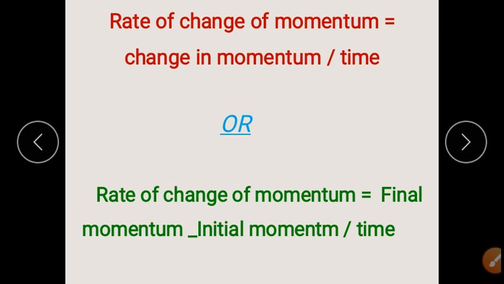Therefore, change in momentum is final momentum minus initial momentum. Therefore, we can rewrite: rate of change of momentum equals final momentum minus initial momentum divided by time.